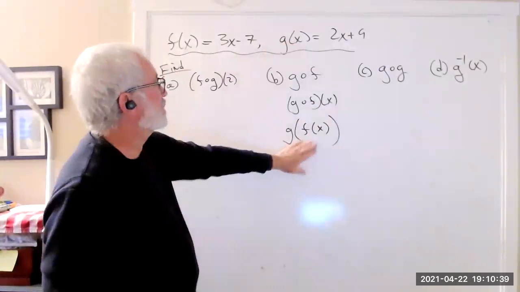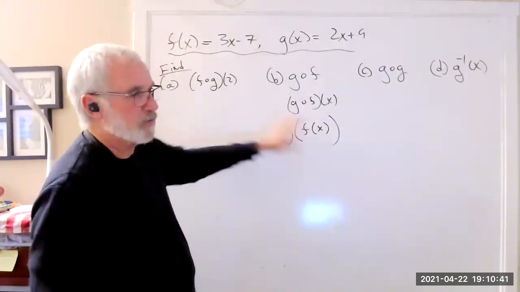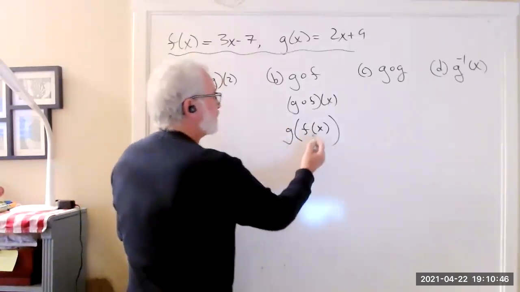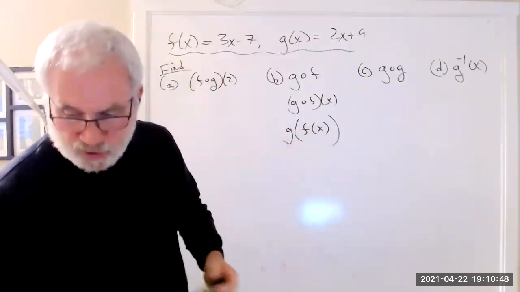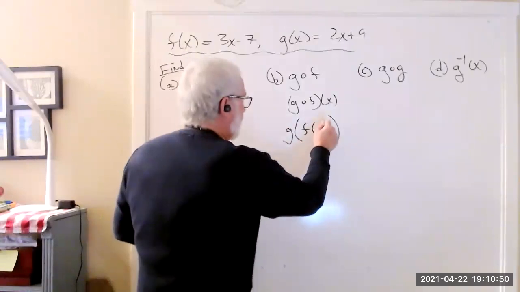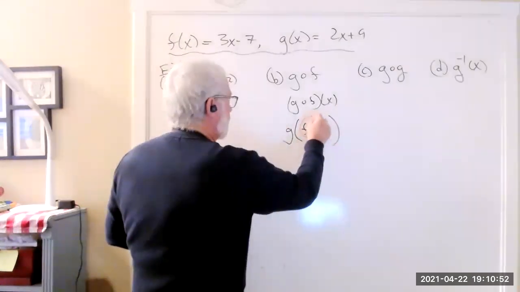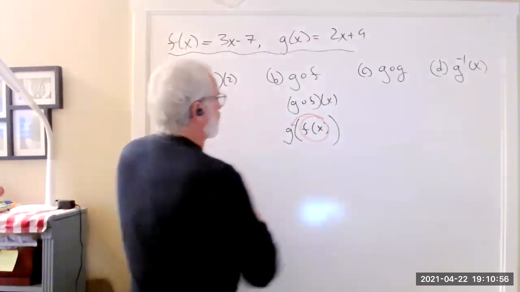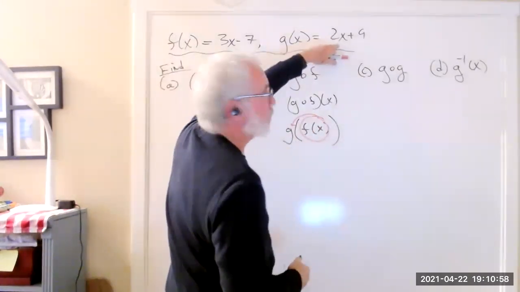Well, I guess since I'm doing this one, I should finish it off. So this says take the f function and plug all of this into g. Well, what does the g function do? It says go 2 times whatever you give me.